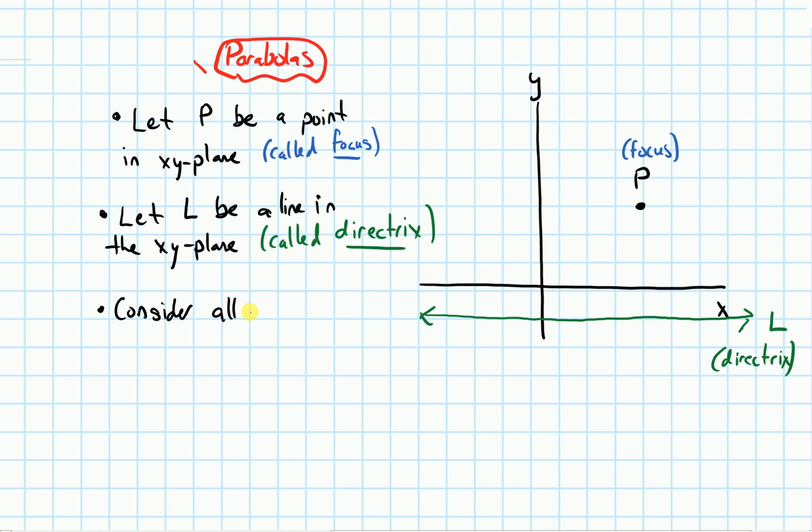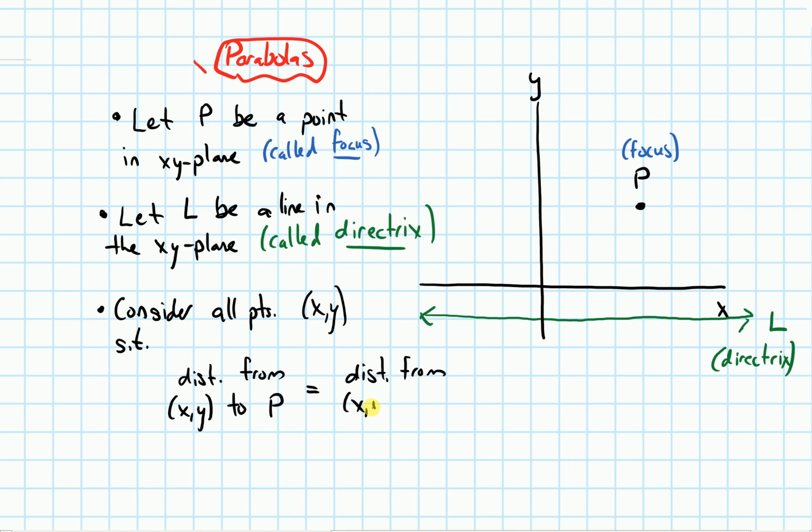What I want to do now is consider all points (x, y) such that the distance from the point (x, y) to P, the focus, is the same as the distance from (x, y) to L, the directrix.